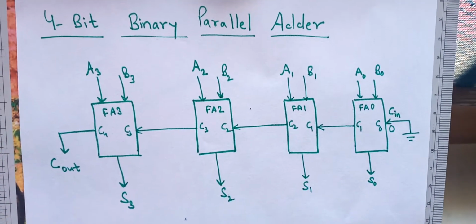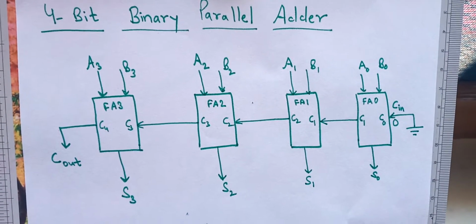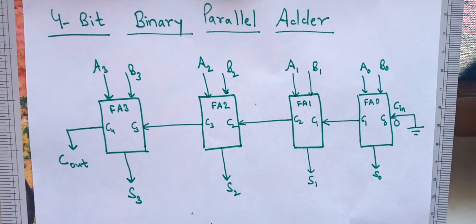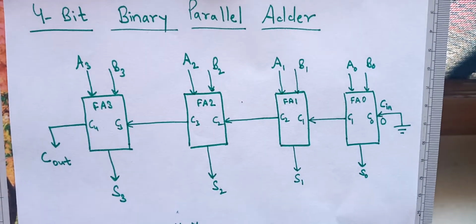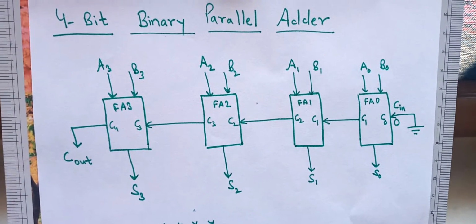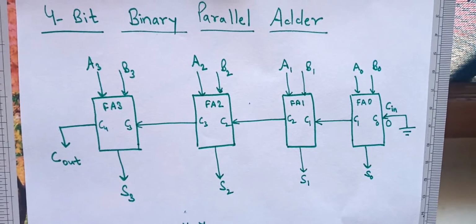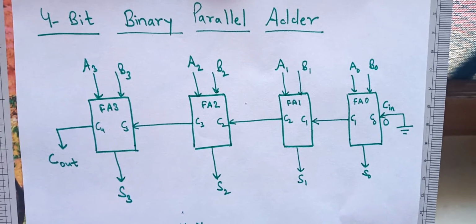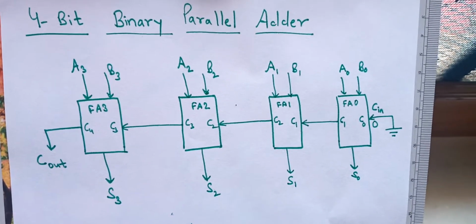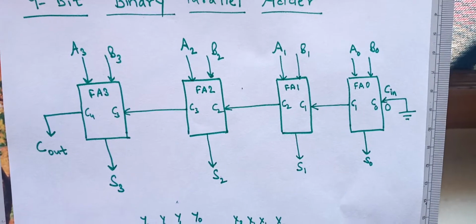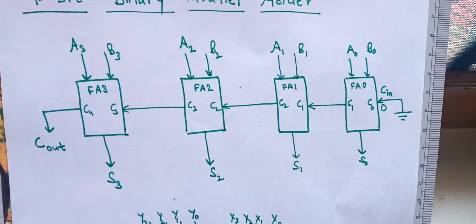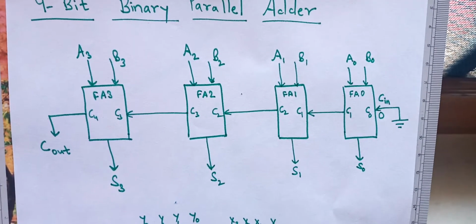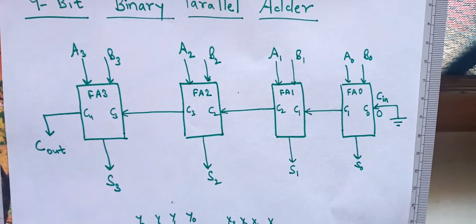Now, to start with, the least significant bit is to be added first. It means A0 and B0 are to be added. Since we know that a full adder has 3 inputs and 2 outputs, the 3 inputs are A0, B0 and a carry input which is initially 0. Initially there is no carry, so we have assumed it 0, and we can see that Cin is grounded, so it is 0 which is given to C0.